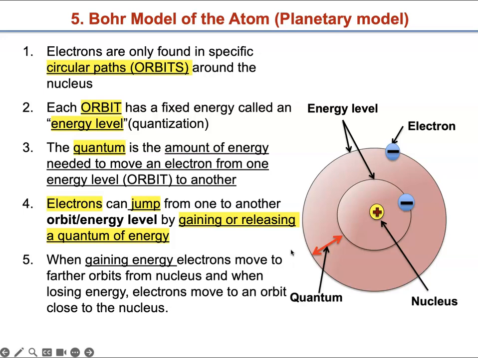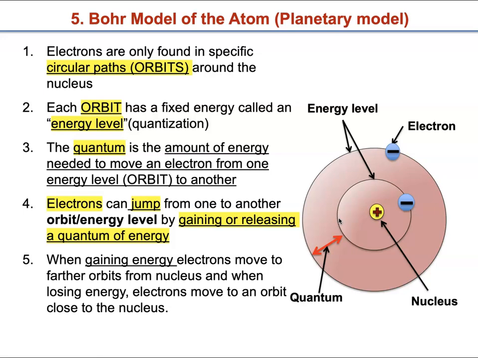So he said electrons are found in specific circular paths called orbits. So here are two orbits. They are also called energy levels. These have quantized energy. A quantum is the amount of energy needed to move an electron from one energy level or orbit to another.